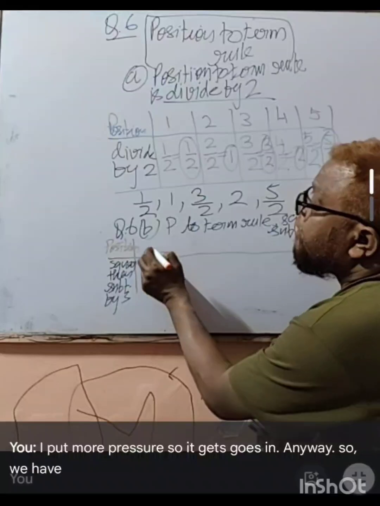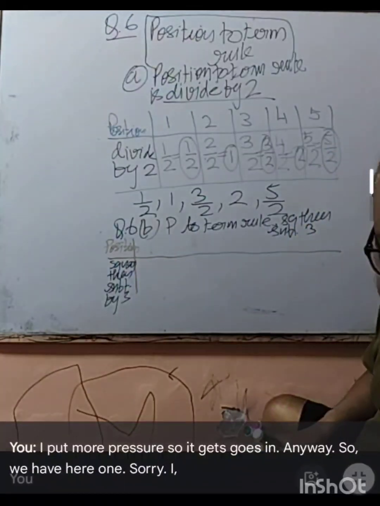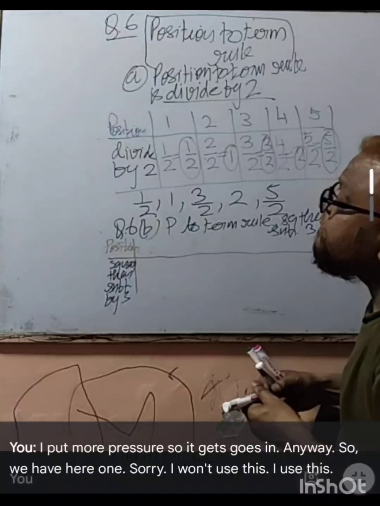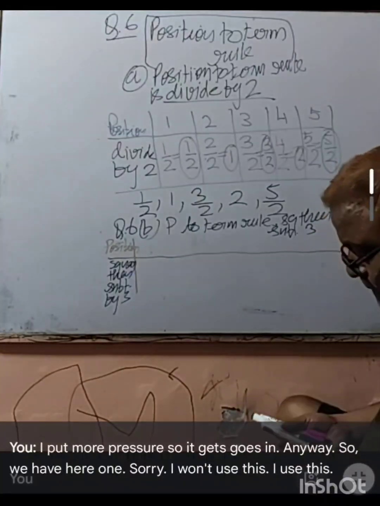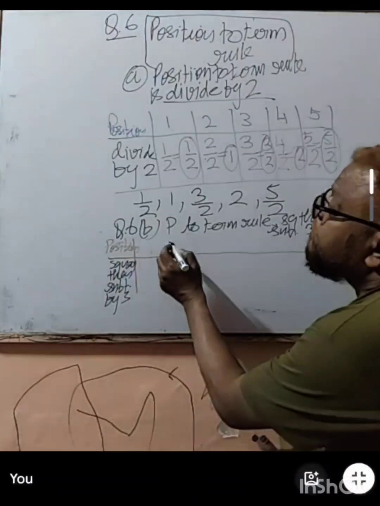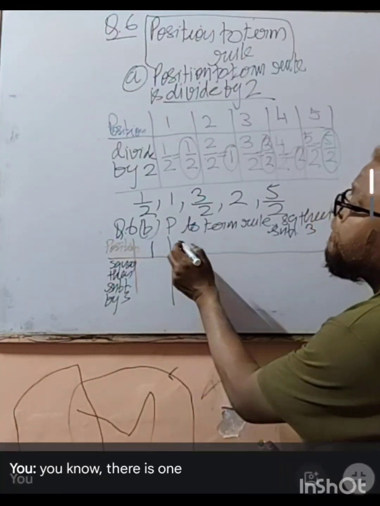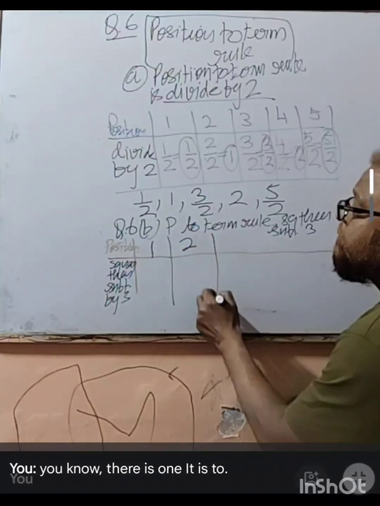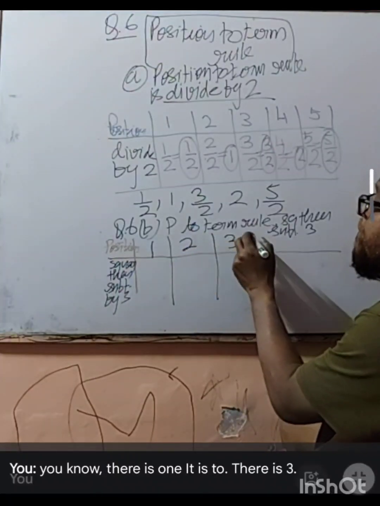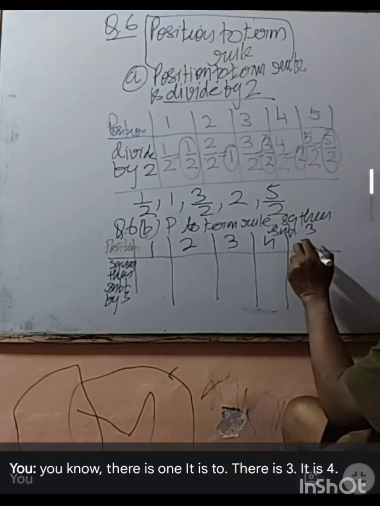So we have here one. Sorry, I won't use this, I will use this. Here is 1, here is 2, here is 3, here is 4, and then we have 5.